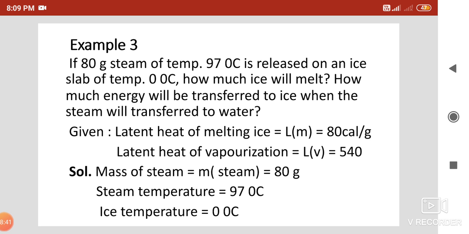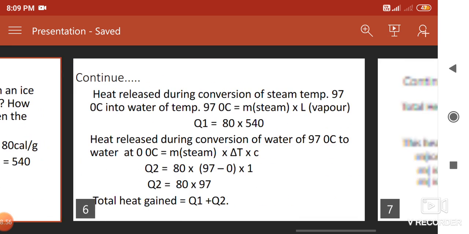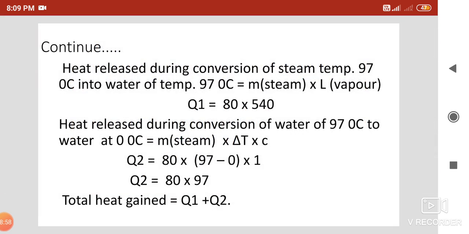So how much heat is released during this conversion? That is the mass of steam multiply the latent heat of vaporization. We will get 80 multiply 540. So Q1 is equal to 80 multiply 540.